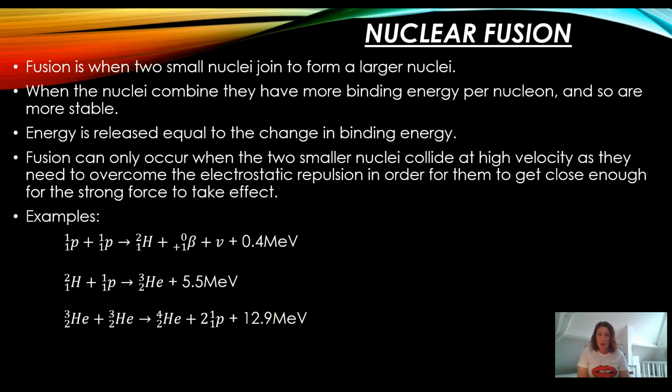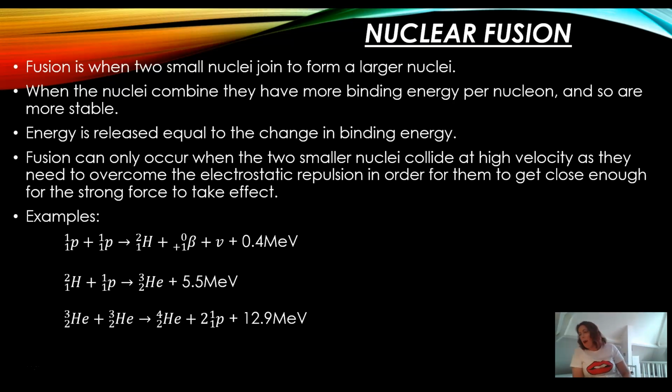So if you're going to do that twice, you're going to get 2 times 0.4, the first one, and you're going to do the second one twice as well, so 2 times 5.5, and then the last one once to get your hydrogen out. So you get about 24.7 mega electron volts. Now that is less than fission.